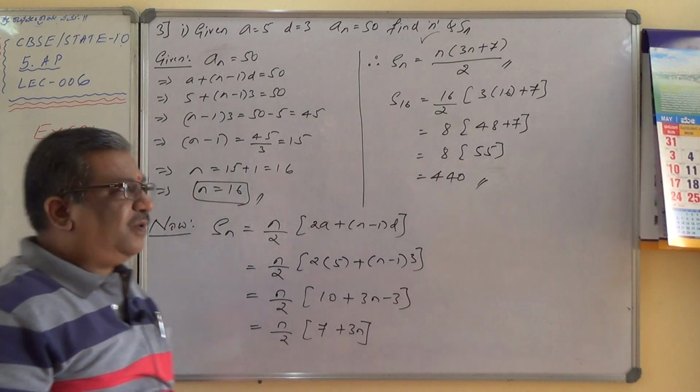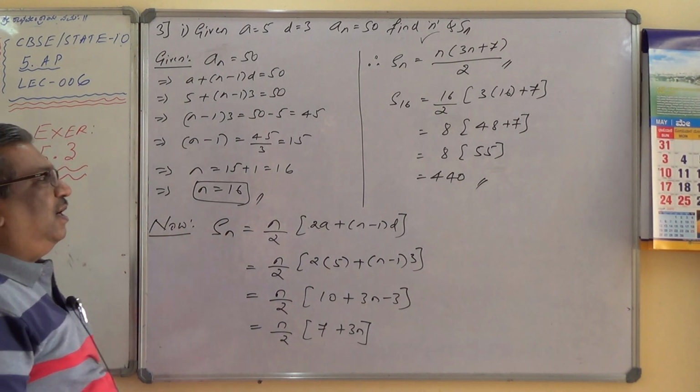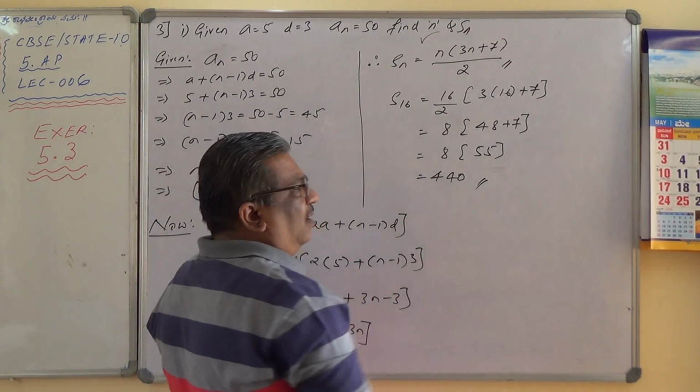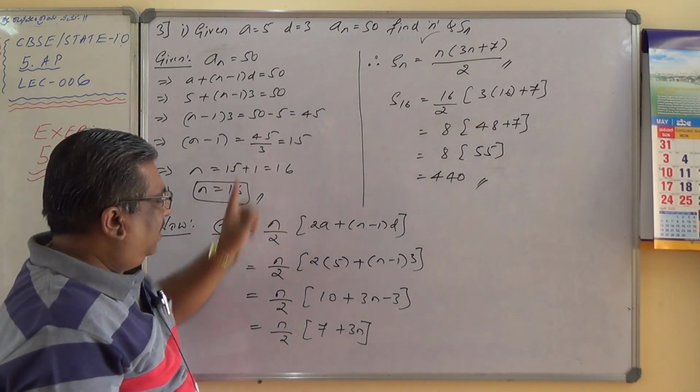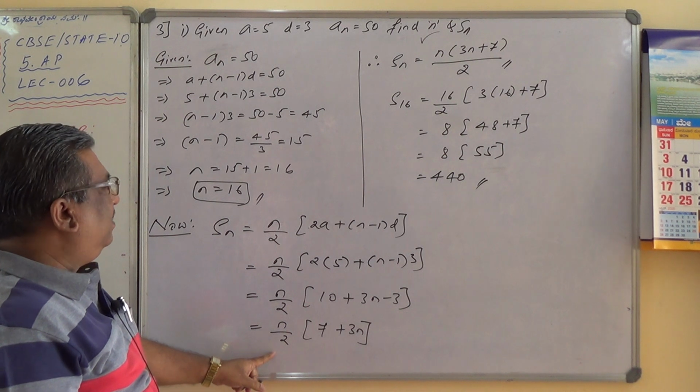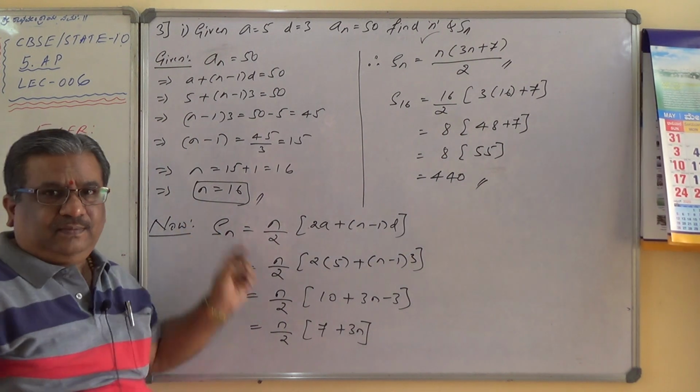Yes, S16 should be 440. So I don't think this is essential, but according to the question, N and Sn, Sn means it is in terms of N and N equals 16. Note it down.